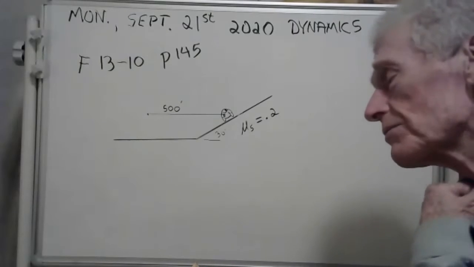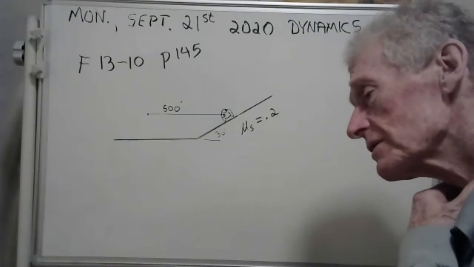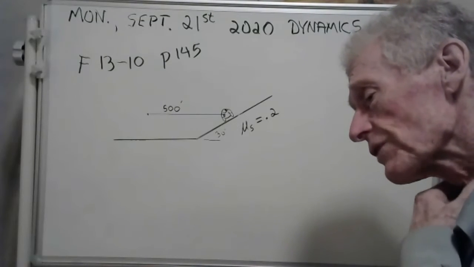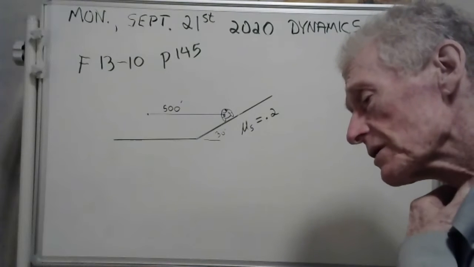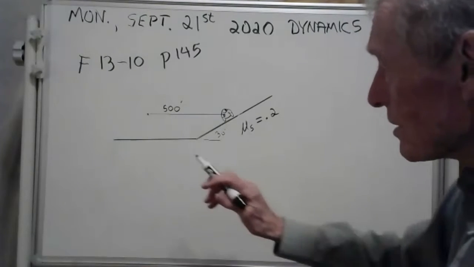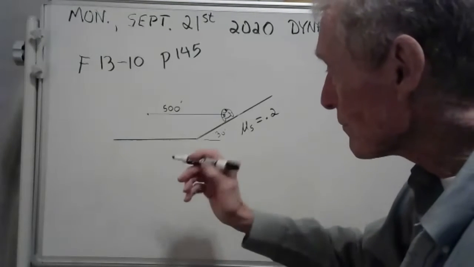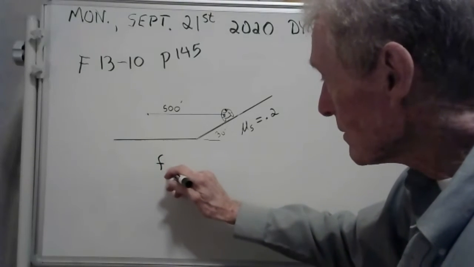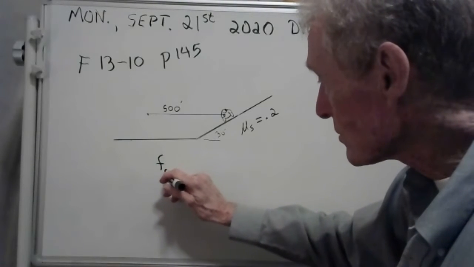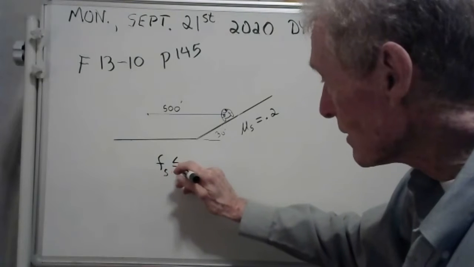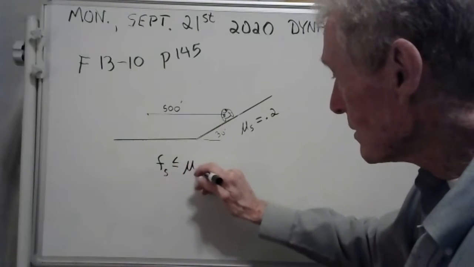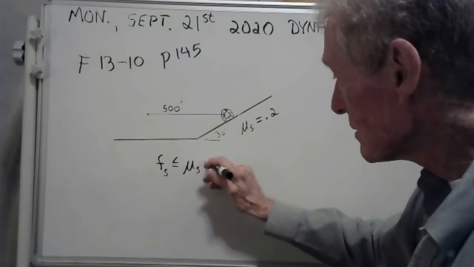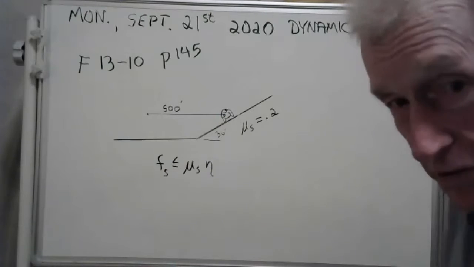I need to talk to you about this friction business. See, the way it works is, we'll talk about friction for a minute. We'll get back to the problem. The static friction force is less than or equal to mu sub s times the normal.